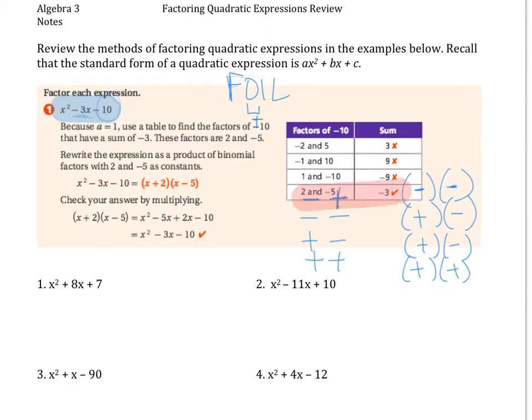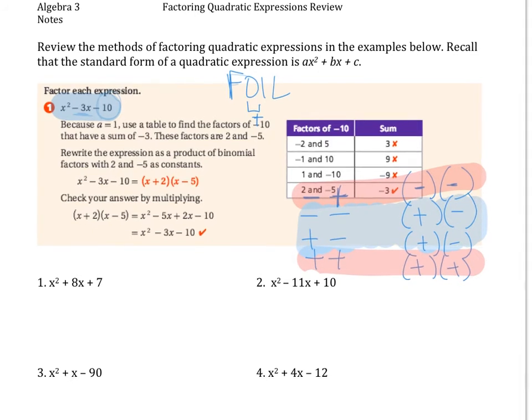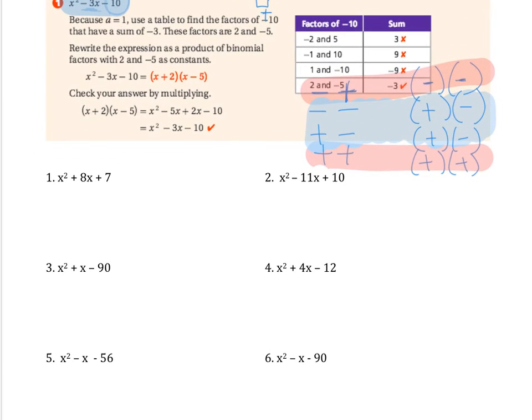So this case and this case, you truly add them together. And then the other two cases, you would subtract your two factors, if you're not paying attention to signs. I know that doesn't make sense. Let's do some examples, and maybe it'll be more clear there.